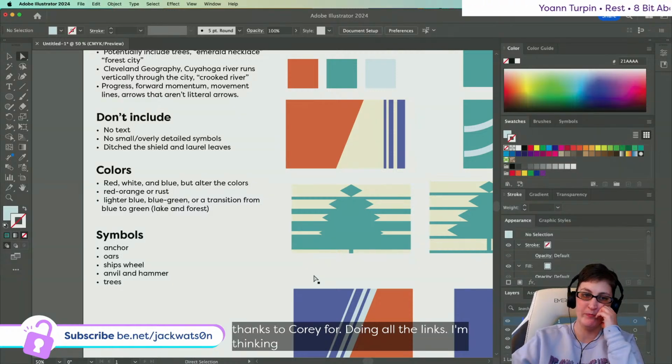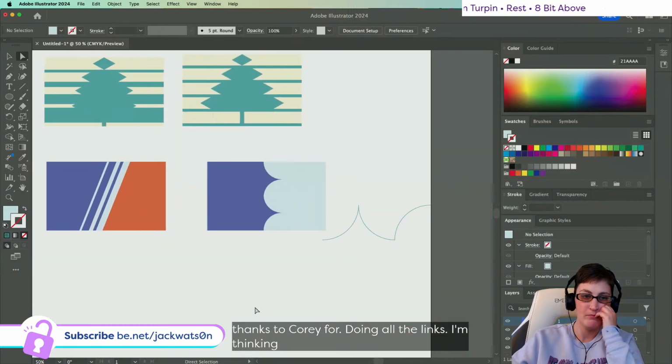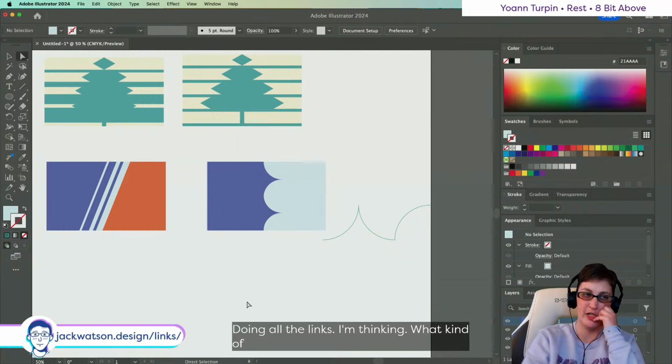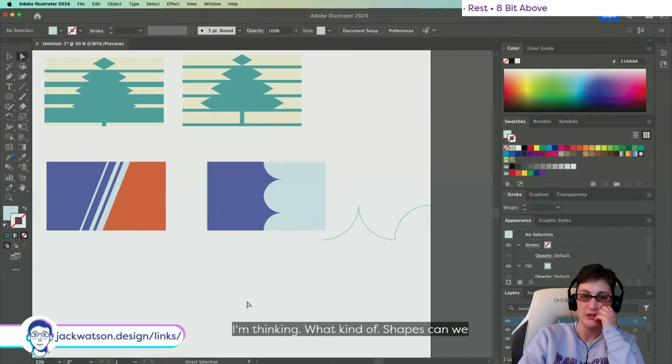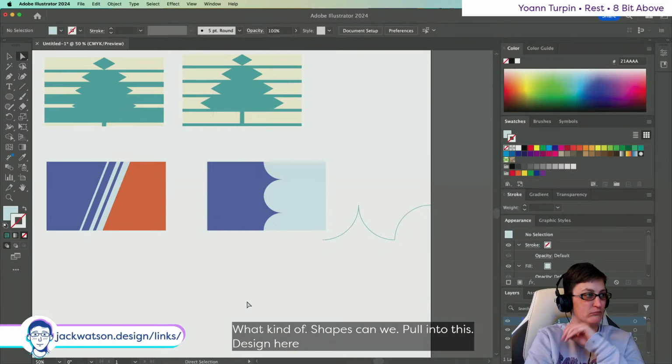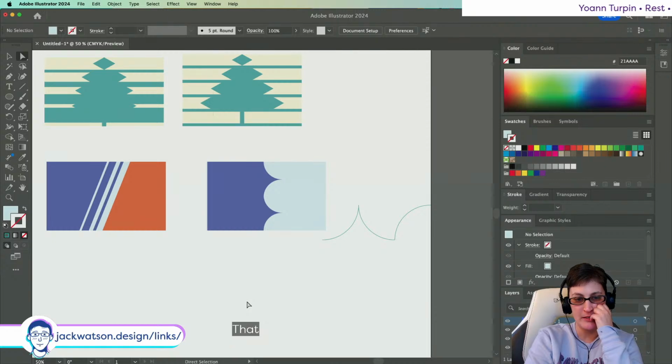I'm thinking. What kind of shapes can we pull into this design here that represent progress?